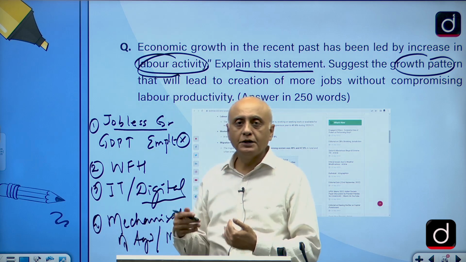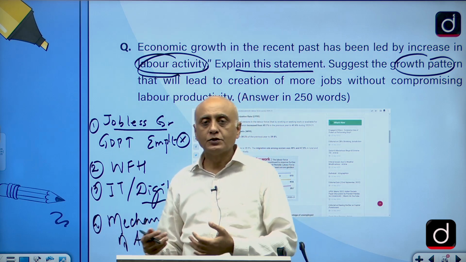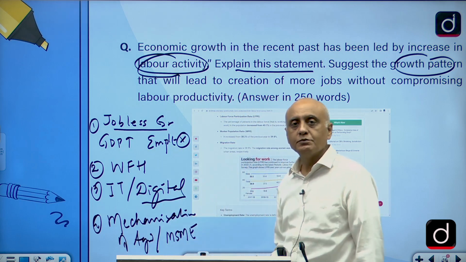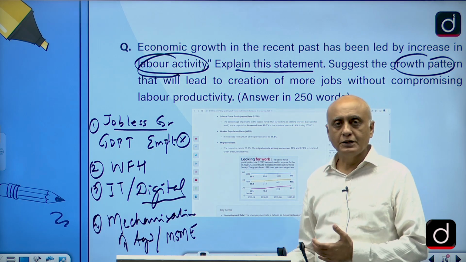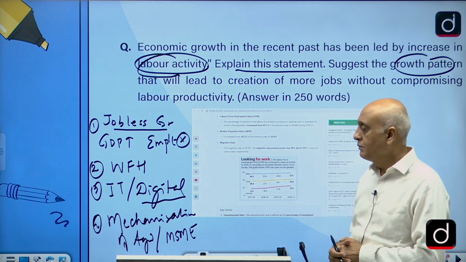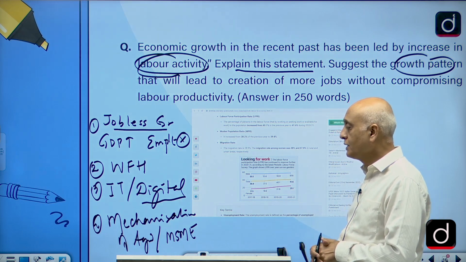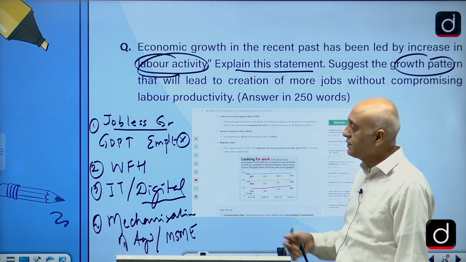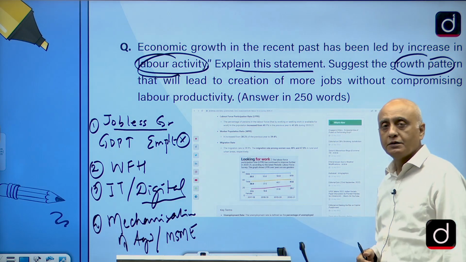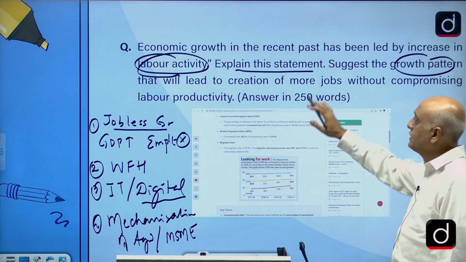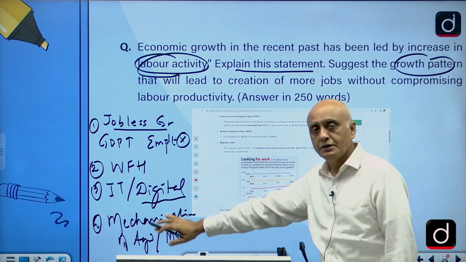A lot of people are doing the same work with machines. So when technology has improved, the productivity has also improved. Although a lot has to be done in the agriculture sector, our industrial sector and service sector are depending more on technology, and because of technology also the productivity is increasing. So I am in favor of the best 4 points. For the first part, I have given you 4 points.